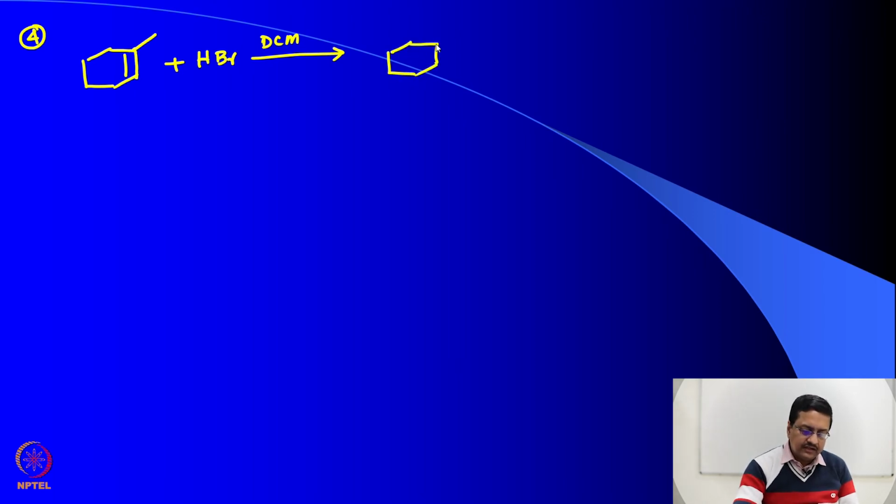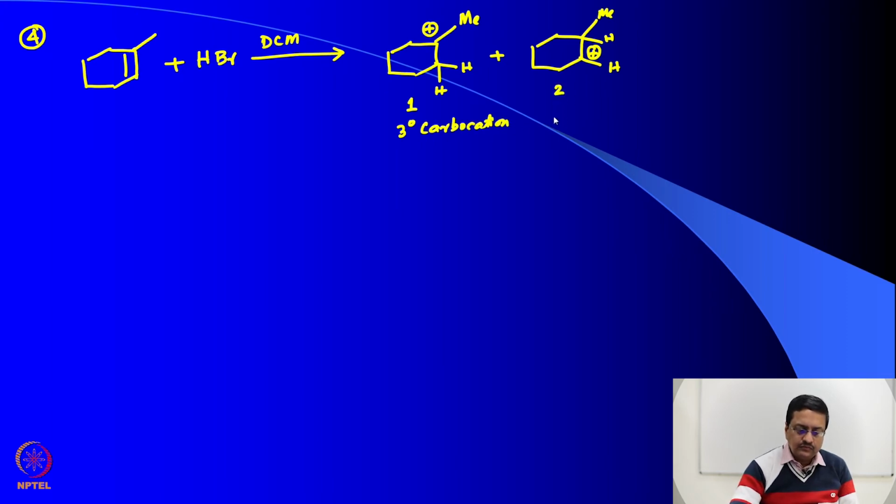The possible carbocations are these two. The first carbocation, number 1, is a 3-degree carbocation, while carbocation 2 is a 2-degree carbocation.